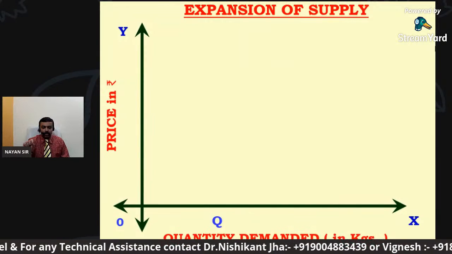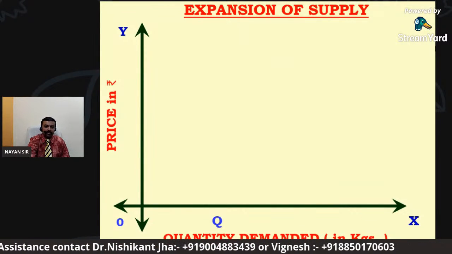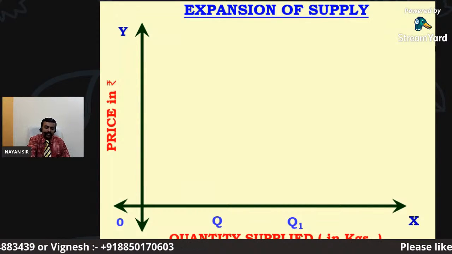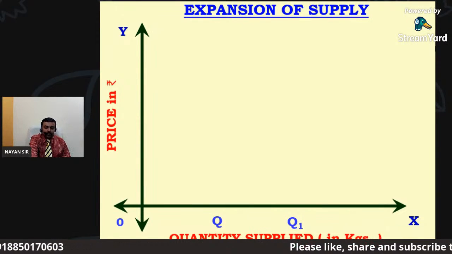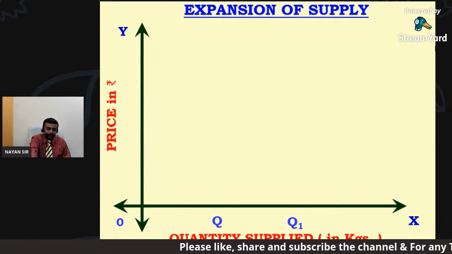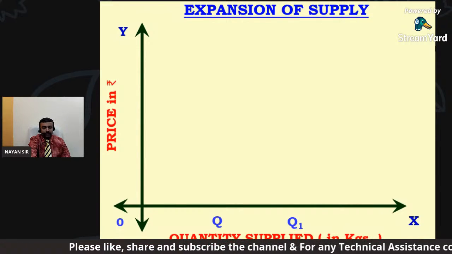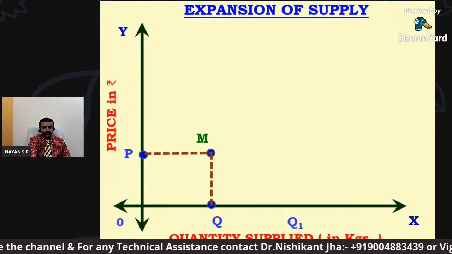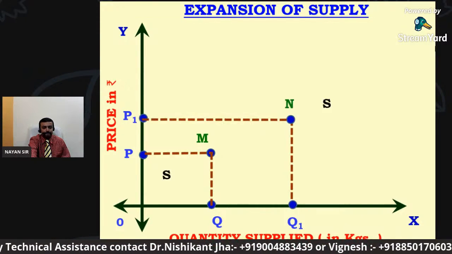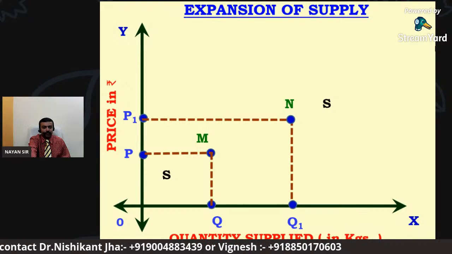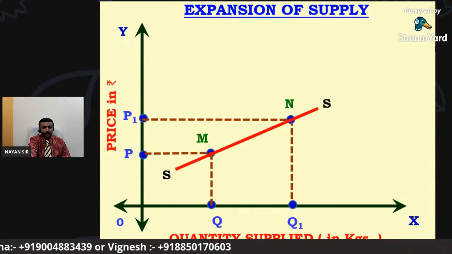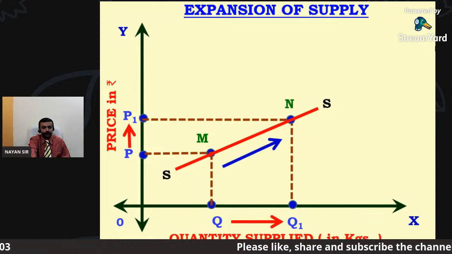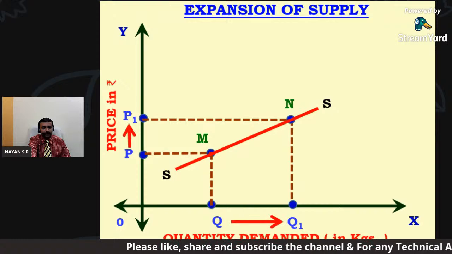Expansion of supply, again quantity supplied, I have written demanded, but it should be supplied. Price should be there, which is changed now. You can see I have changed it. Okay, price on the y-axis, expansion of supply, P and Q we are taking, and you see P becomes, there is a rise, you see, this is very important, rise.